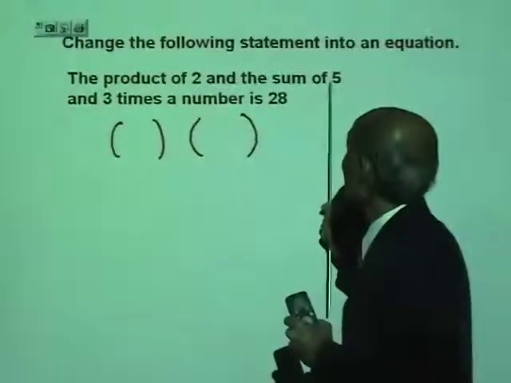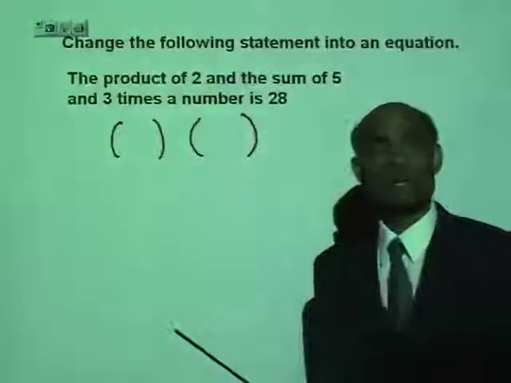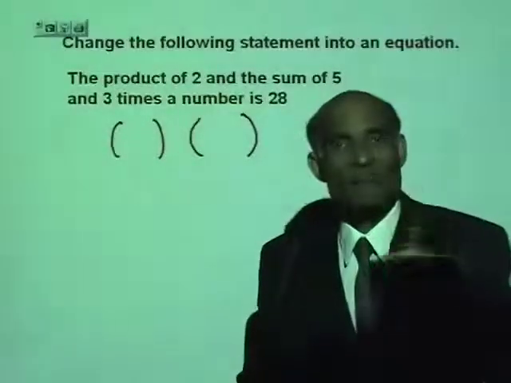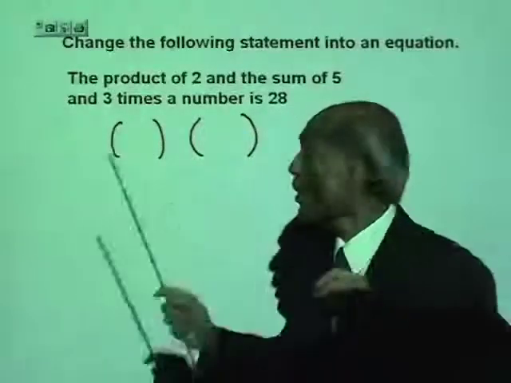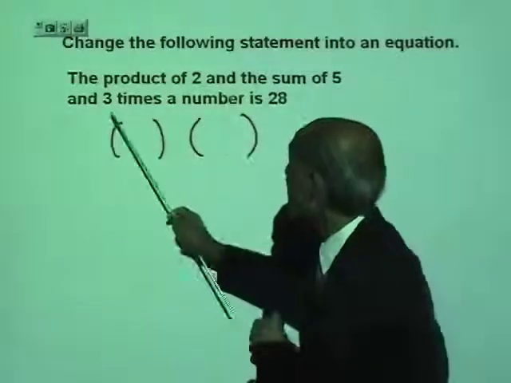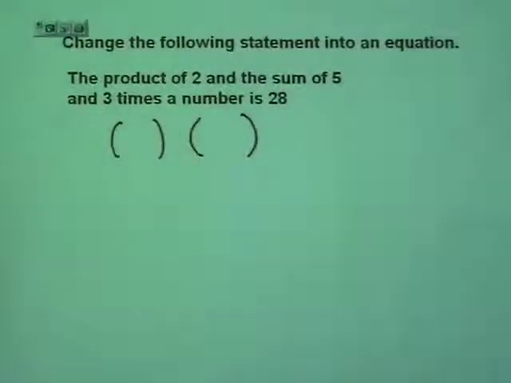What is the sum of 5 and 3 times a number? 3 times a number is 3x. The sum of 5 and 3 times a number, that would be 5 plus 3x.